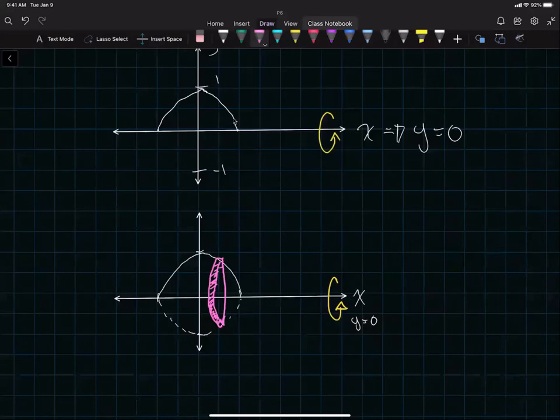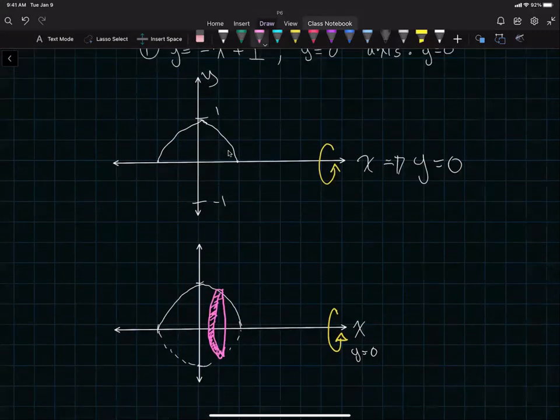Now, the reason why you want to have a 2D and a 3D graph is because sometimes one of them is going to be easier than the other. So I'm trying to find the radius, okay? I picked this point, okay?